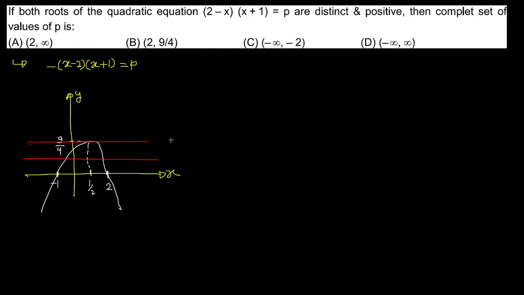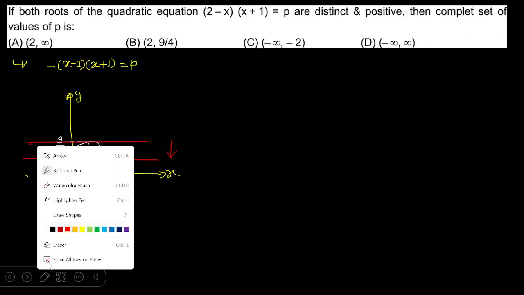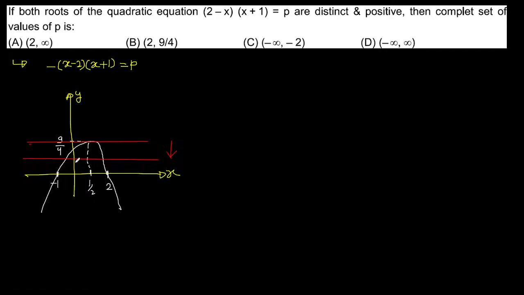If we go less than 9 by 4 we have two intersections, hence two solutions. Two intersections meaning two solutions.